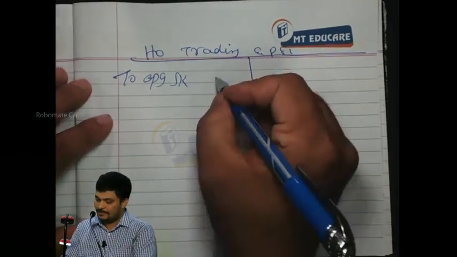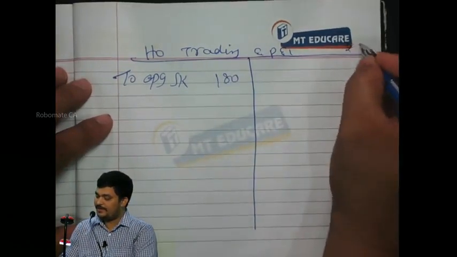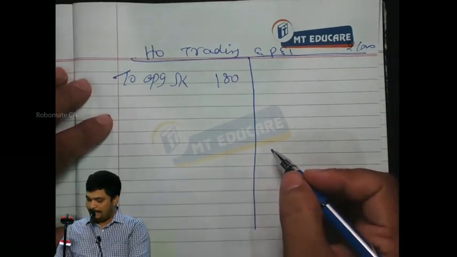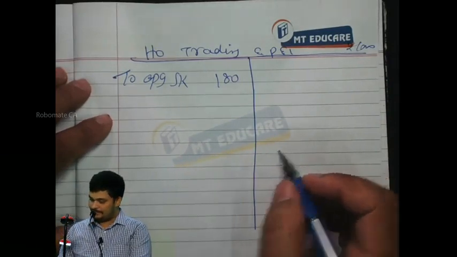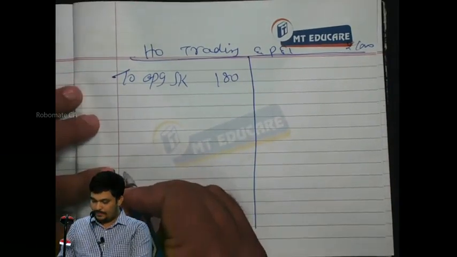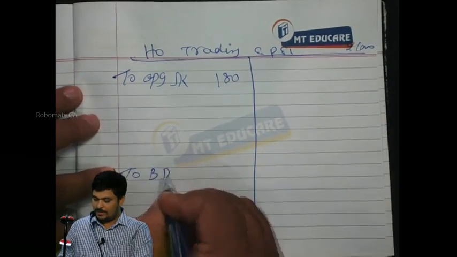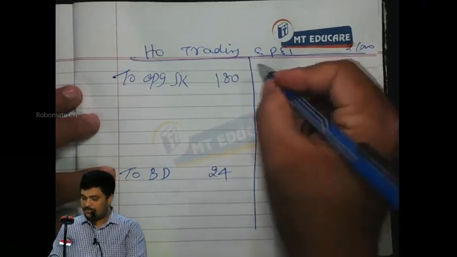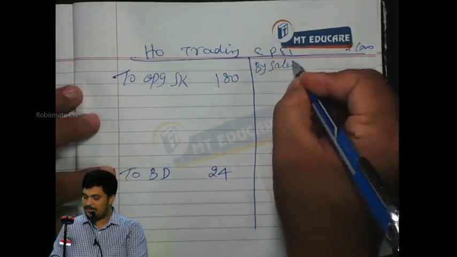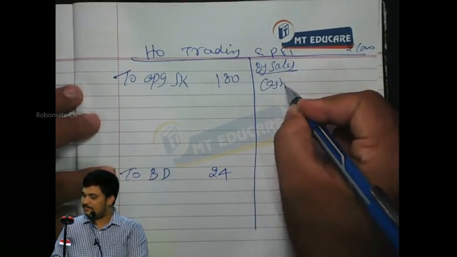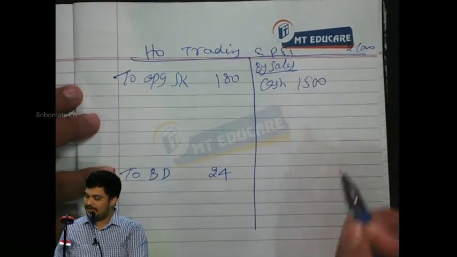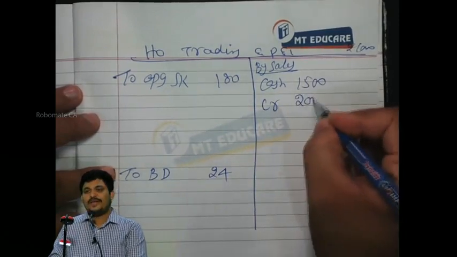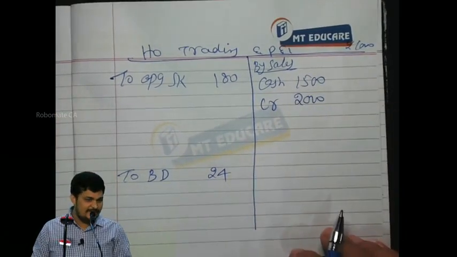Opening stock 180, rupees in thousands. Then to bad debts, how much? 24. Sales, cash 1500. Then credit sales. Normal final accounts, so no discussion is made.